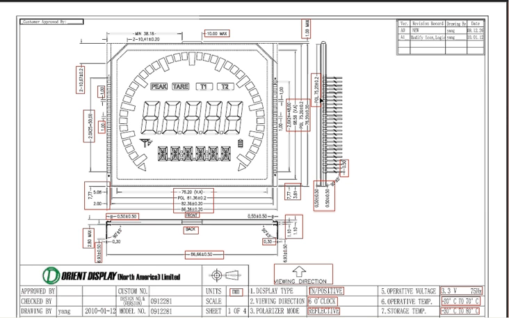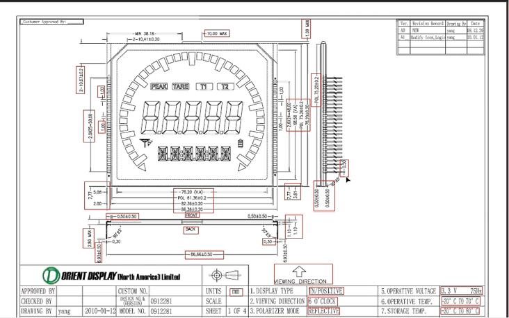And its tolerance is here, because most of the polarizers are attached either by hand or by machine, so there is a big tolerance for attaching the polarizer on the LCD. So the tolerance is plus or minus 0.5 on both sides of the polarizer.